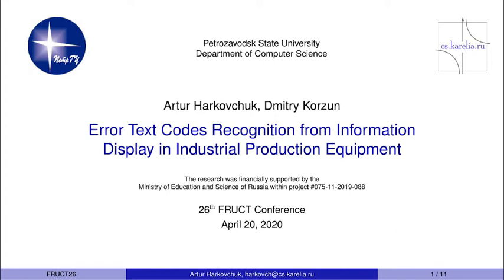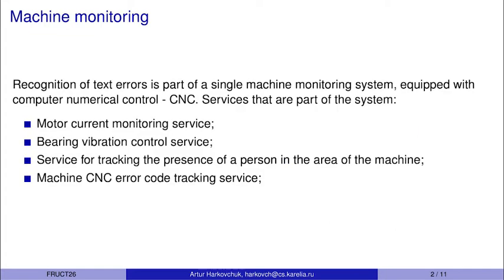Today, I am going to talk about error text codes recognition from information displays in industrial production equipment. Screen error recognition is part of a monitoring system that will provide control over various machine equipment with a Sinumerik 840D CNC.